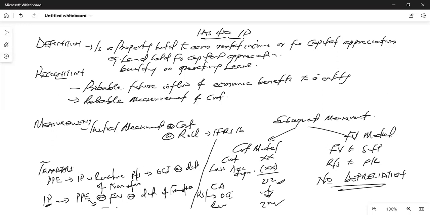So let's deal with one question under IAS 40, and we can bring the class to an end.